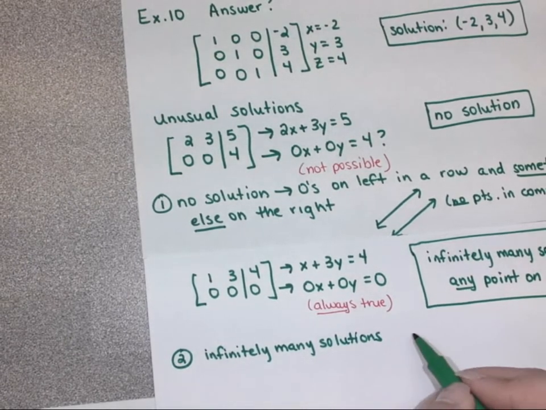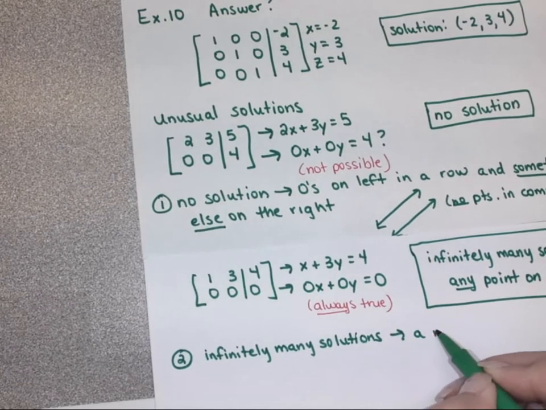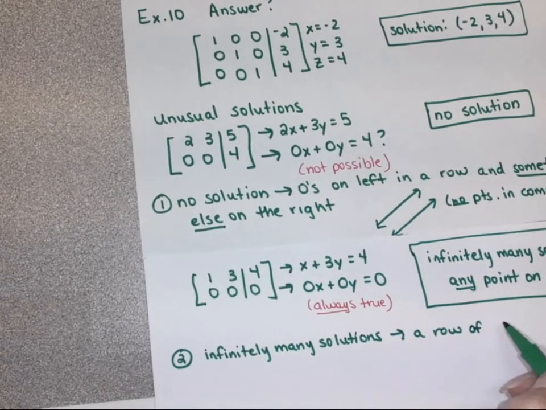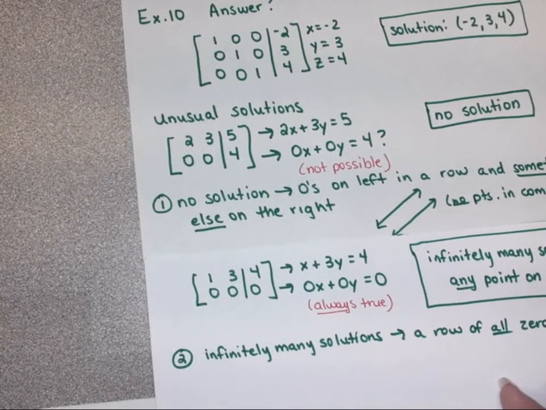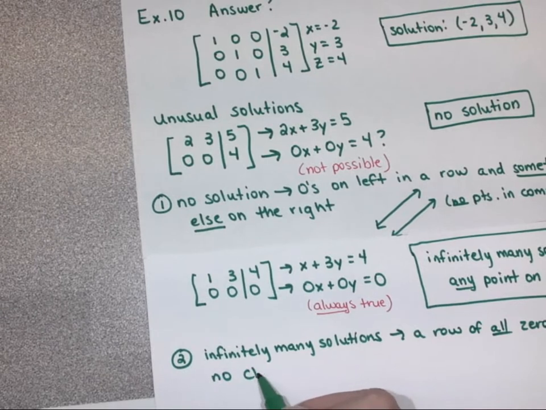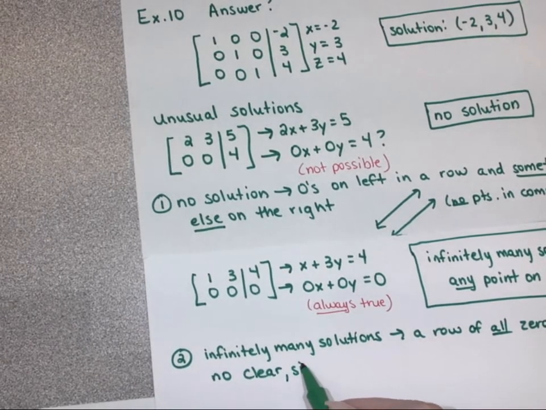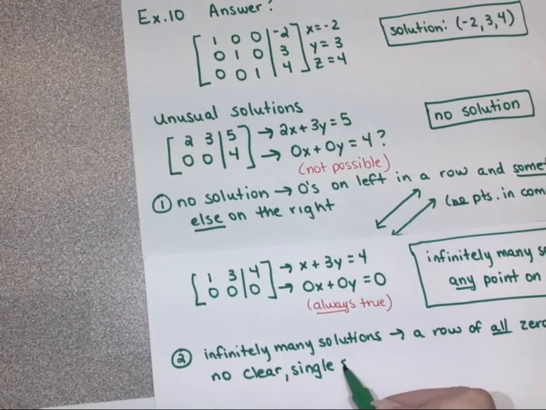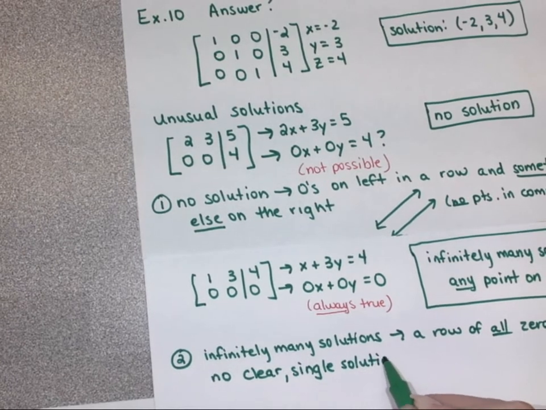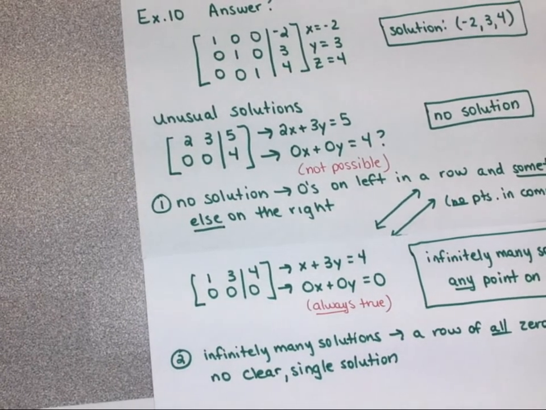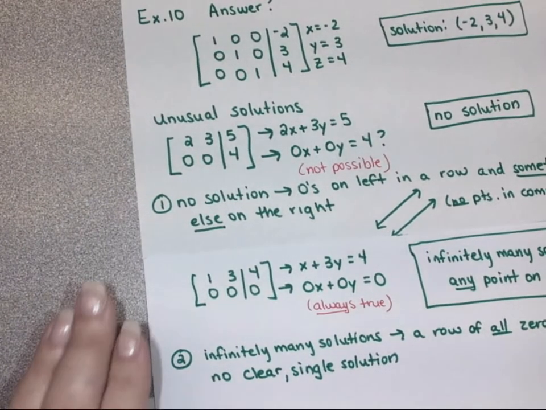So infinitely many solutions looks like a row of all zeros. And no clear solution. So I'm going to say no clear single solution. Okay, because there are solutions, there are just infinitely many of them.